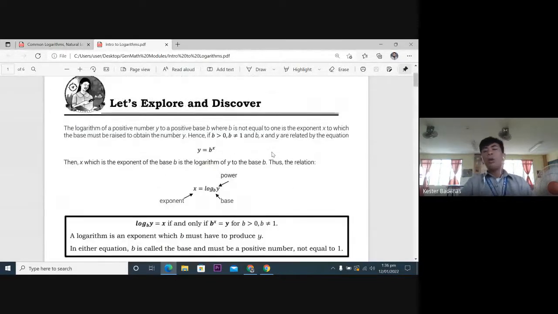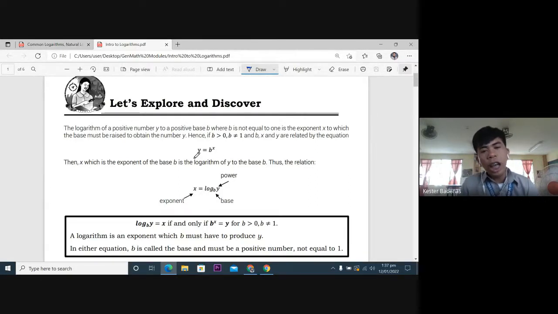So, in logarithms, if we have an exponential equation, ang hirap banggitin na, let's say y is equal to b^x, we can transform that to its logarithmic form.